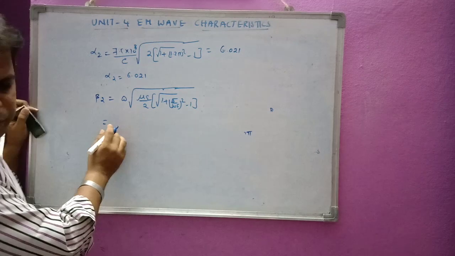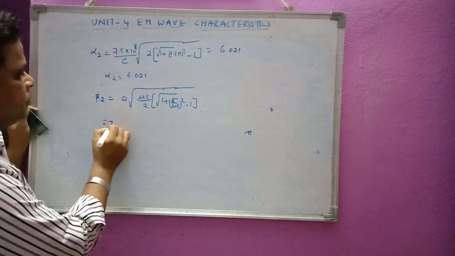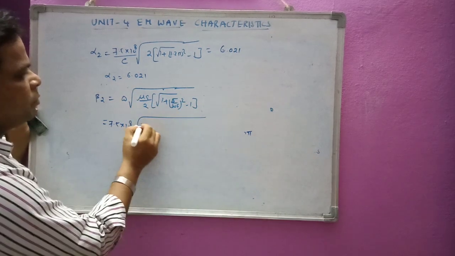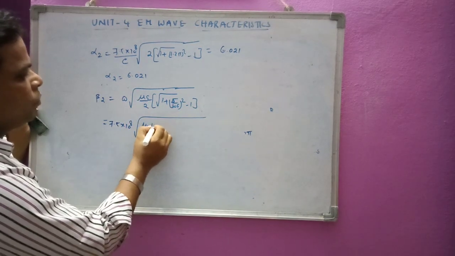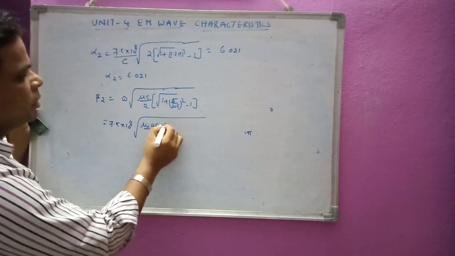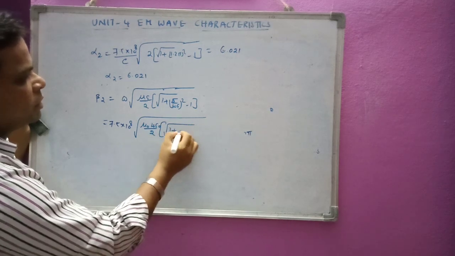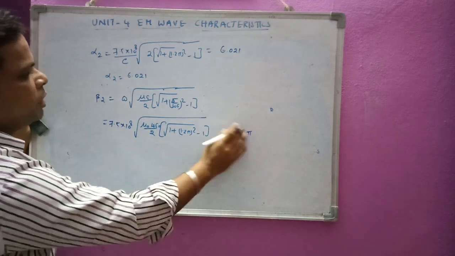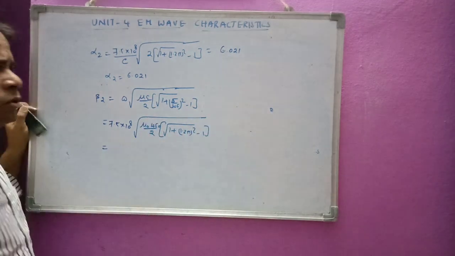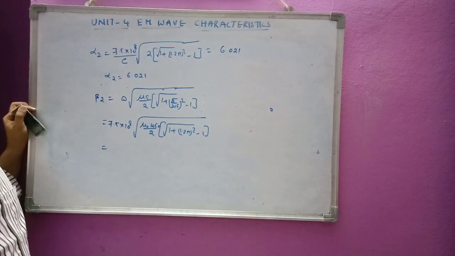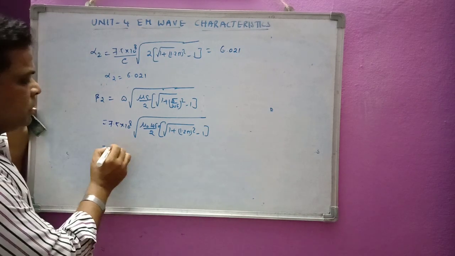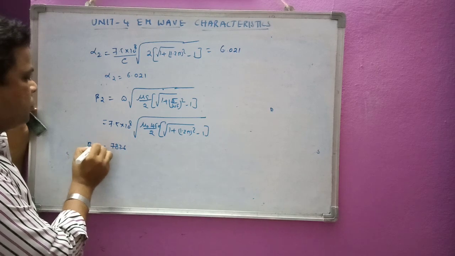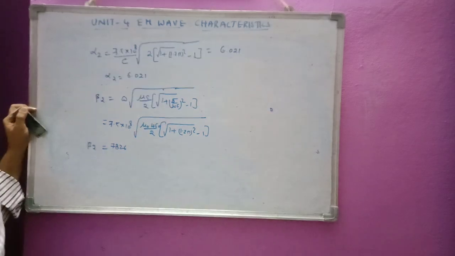Omega is 7.5 into 10 power of 8, and the rest of the values are the same, mu naught and 4 epsilon naught by 2, and 1 plus 1.2 pi whole square minus 1. If you calculate this one using the calculator, you can directly find the value as 7826. You are going to approach this value, you can check your calculators.